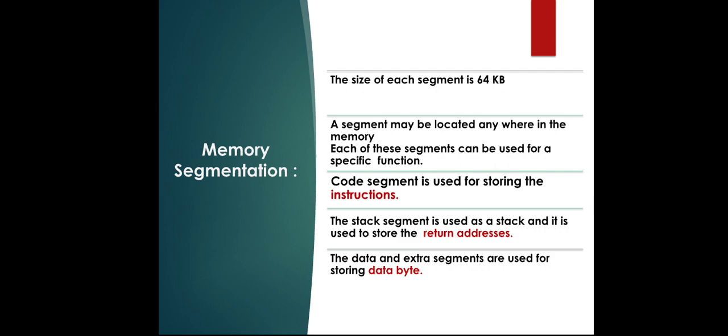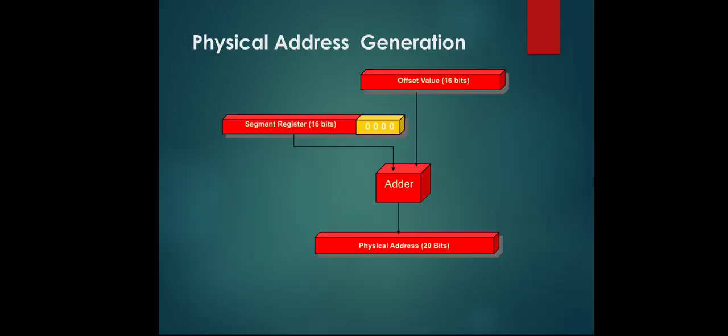Next we'll look at some other points of physical address. Already we have discussed the physical address. Now with this slide we can understand how we are going to calculate it. In the 8086 microprocessor, the physical address is calculated by the address summer block present in the bus interface unit, using the formula: segment register value shifted left by 1 nibble plus offset address.